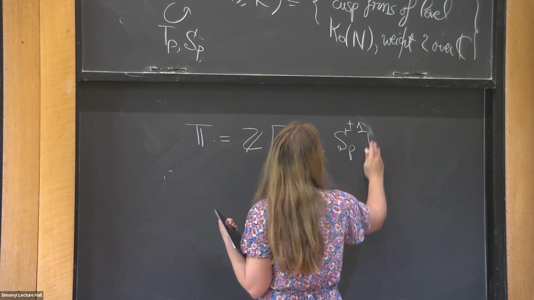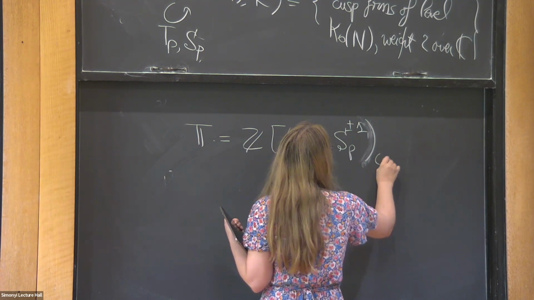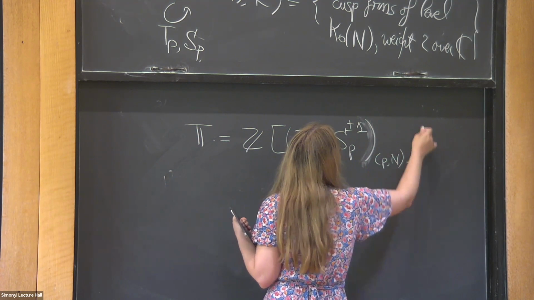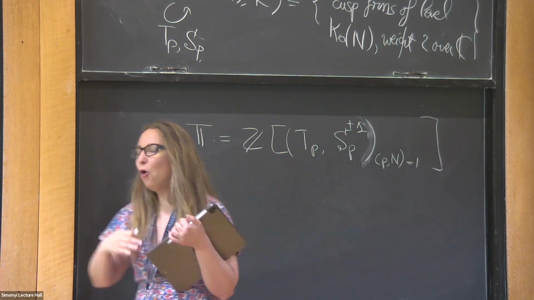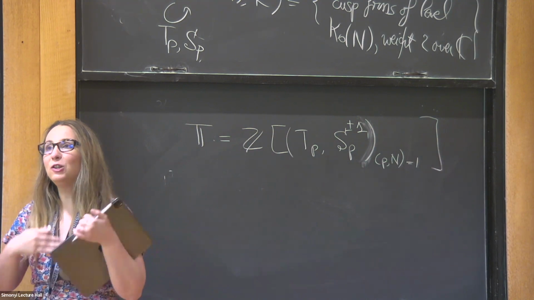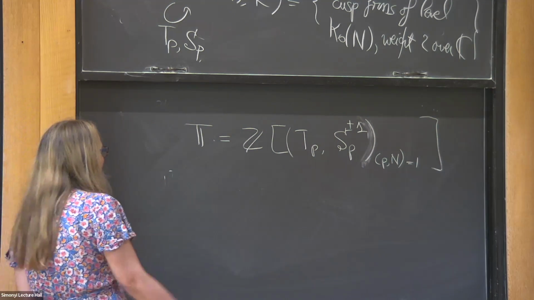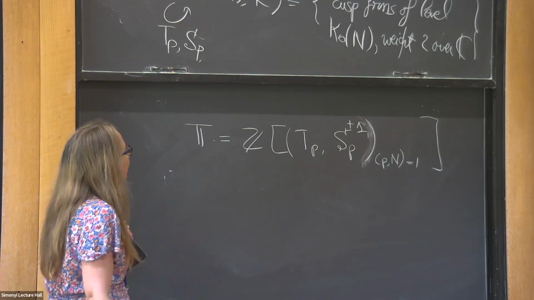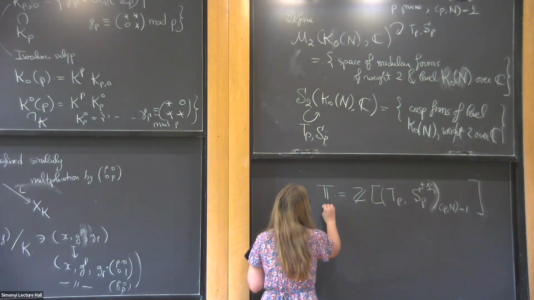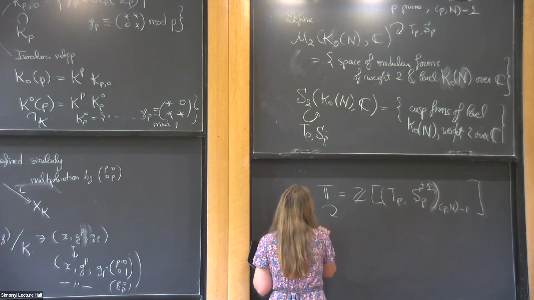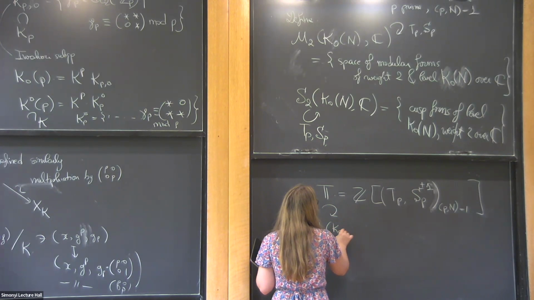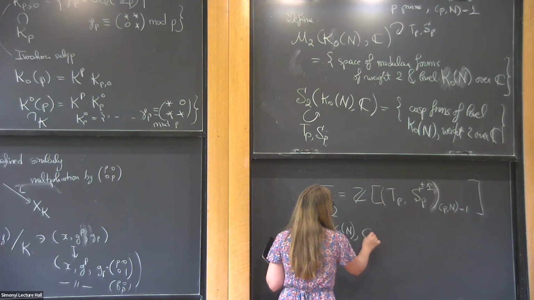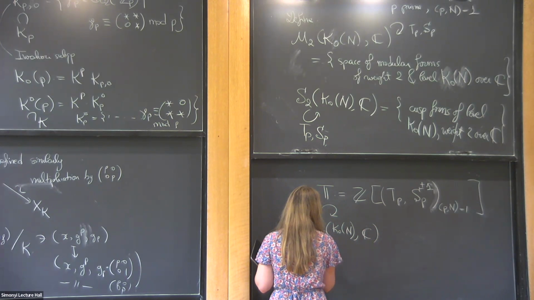So adjoining this for every P that's prime to N. And so there's a whole big abstract algebra, and there's a lot of Hecke operators that act on these spaces of modular forms. So T acts on both of them, on M_2(K_0(N), C) and on S_2.